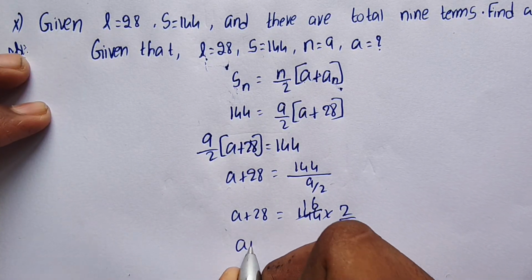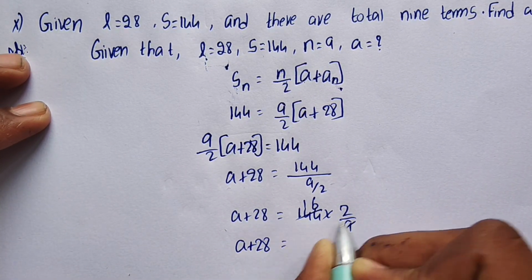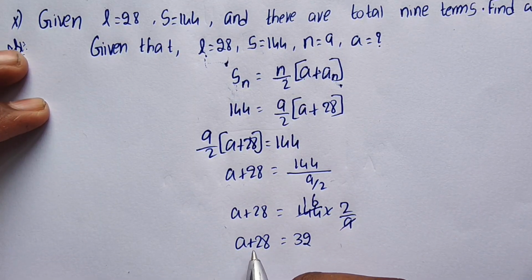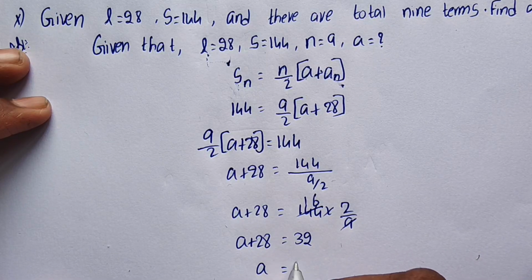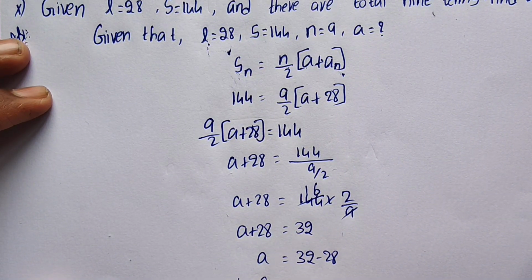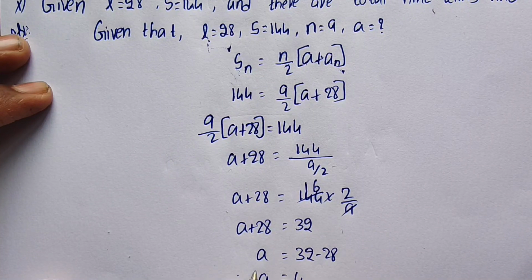So a plus 28 equals 16 twos are 32. If we transpose plus 28 to the right side, it becomes minus 28. So a equals 32 minus 28. So therefore we got the value of a equals 4.